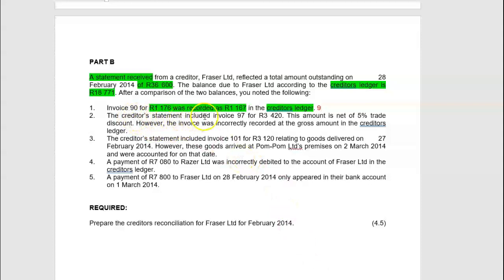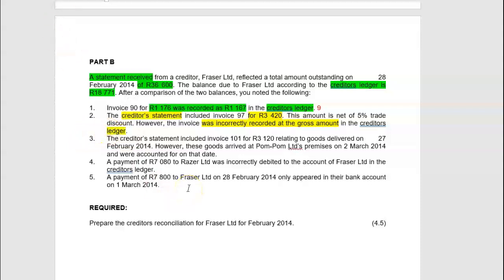The creditor statement included invoice 97 for 3420. So it is the creditor statement that had this invoice for 3420. This amount is net of 5% discount. However, the invoice was incorrectly recorded at the gross amount in the creditor's ledger. So again, who made the mistake?